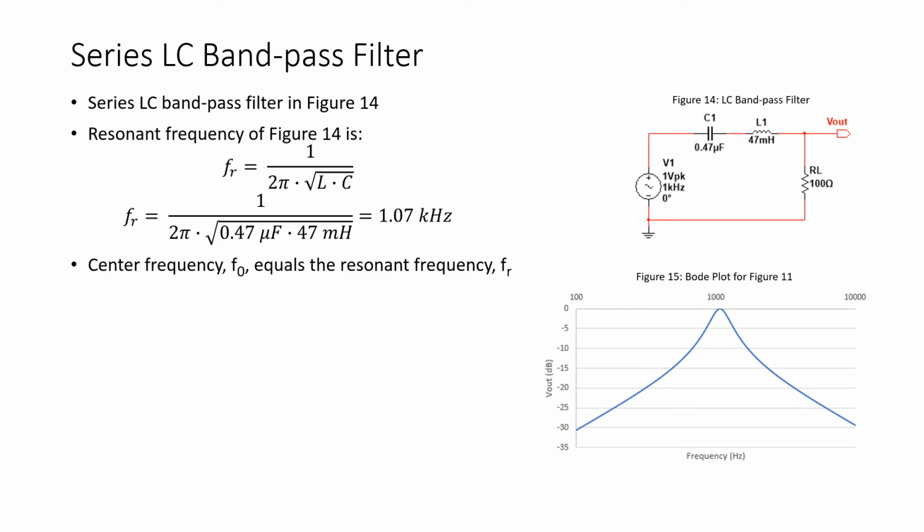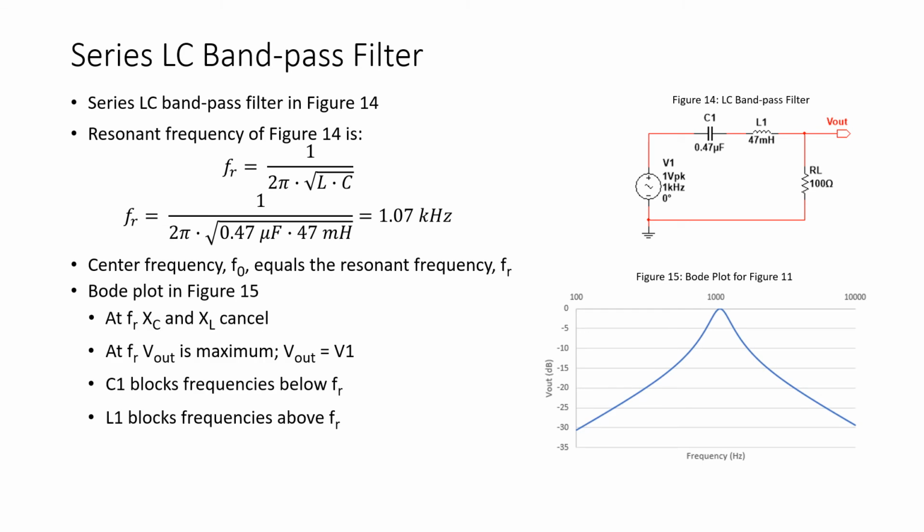Now the resonant frequency for the circuit of figure 14, 1 over 2 pi times the square root of LC, calculates to be 1.07 kHz. And the center frequency of this bandpass filter is equal to the resonant frequency of the LC combination. Now, referring to the Bode plot provided in figure 15, at the resonant frequency, X sub C and X sub L cancel.